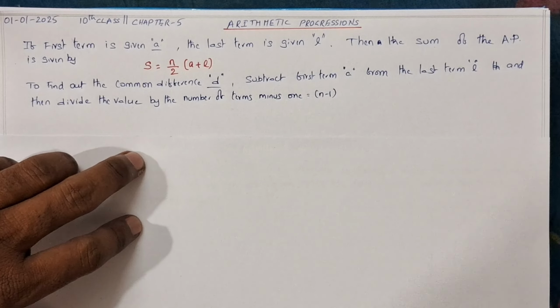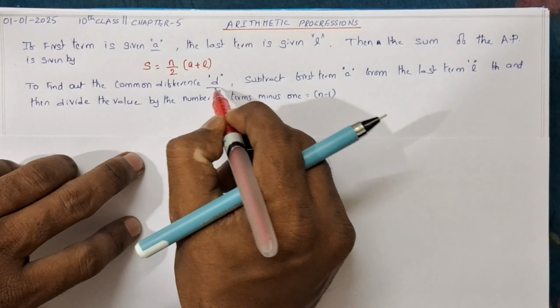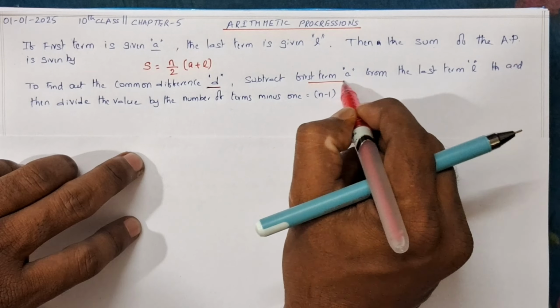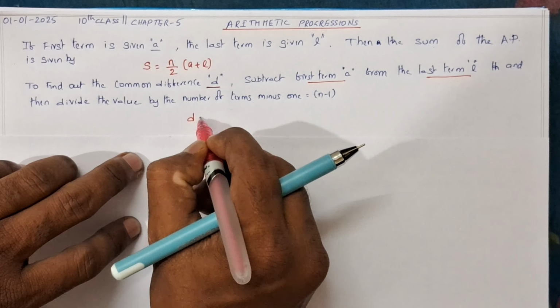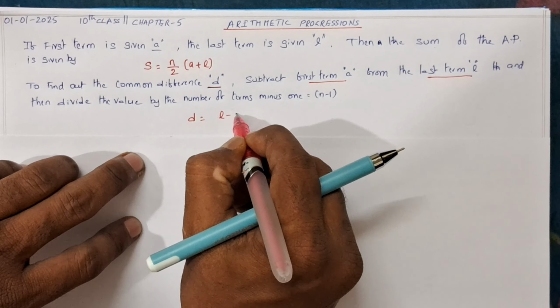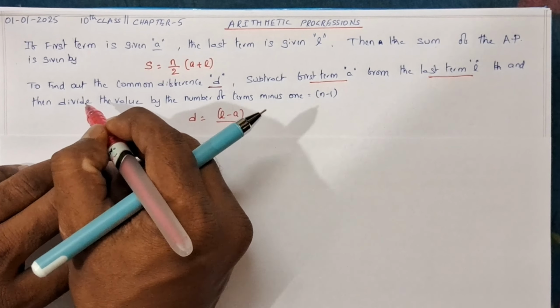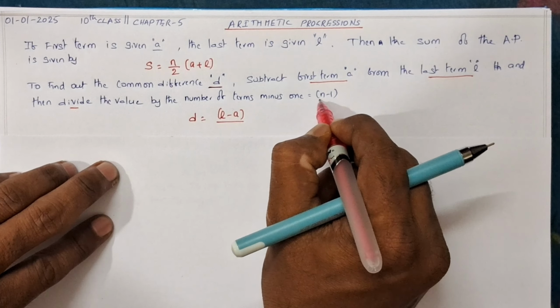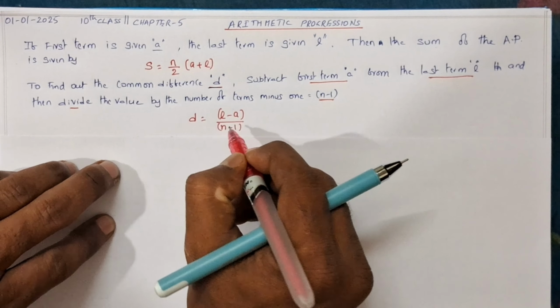So here to find the common difference D, subtract the first term from the last term. So D is equal to L minus A, and then divided by the number of terms n minus 1.